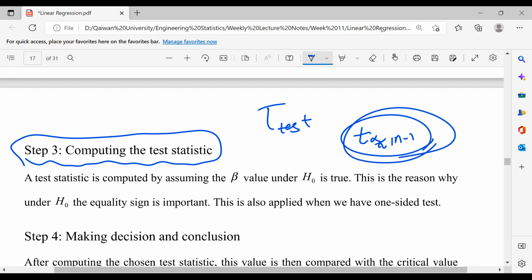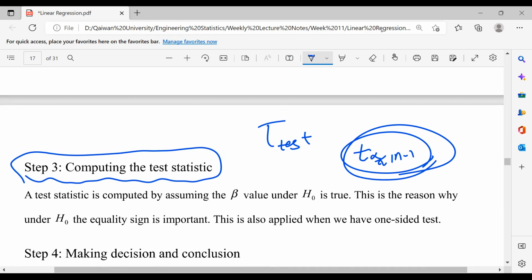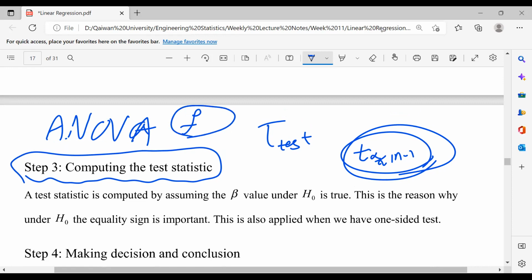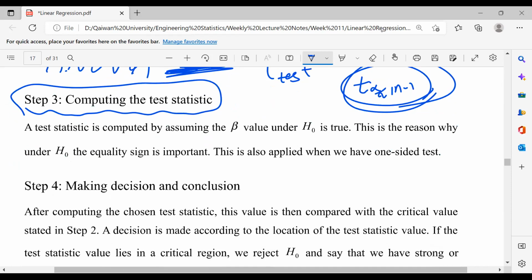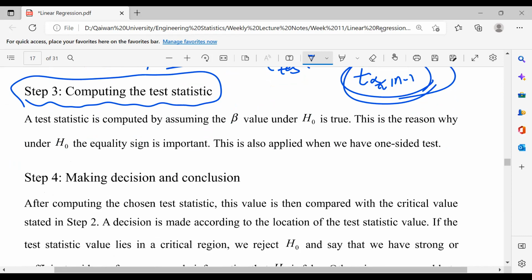We calculate t from the table of data that we used in the previous topics. But if we use ANOVA, here we have f-test. We find f from the table. The table will be given. We use it in step 2. We find f, and then for the test statistic, we have a formula for each.